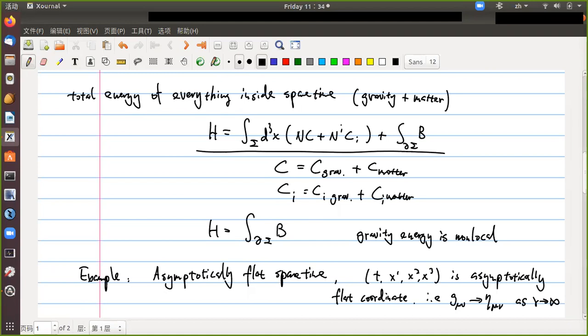So here the statement is that once you really do things rigorously, which means matter excites gravity, which means matter couples to gravity, then you have no sense of local energy density. All the energy has to be a boundary term. It's non-local. That's really the speciality of gravity, because you have a diffeomorphism invariant theory.